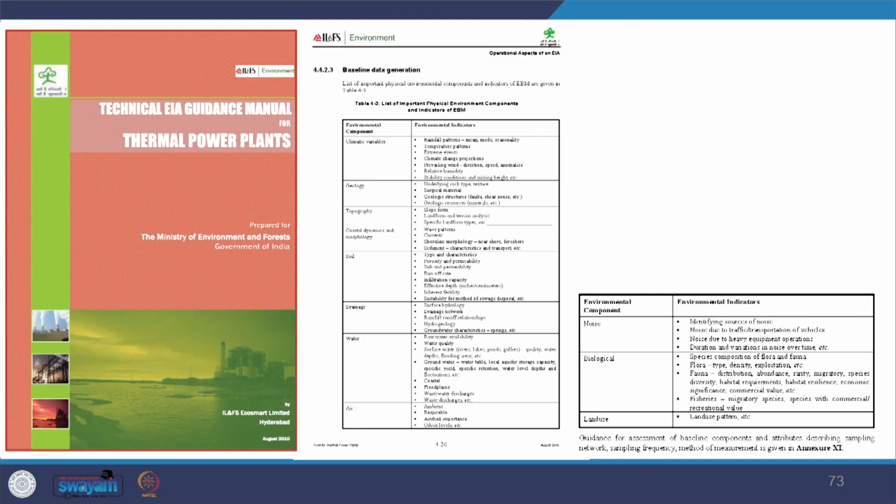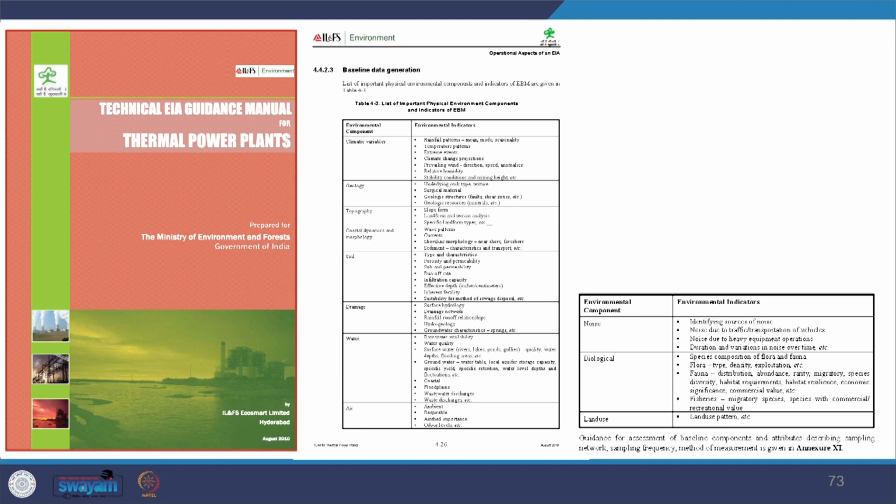Likewise, you can see from the technical EIA guidance manual, I have just picked up thermal power plant. Manuals are there for most of the sectors. From that you can also refer to what kind of baseline data generation is required. On the right hand side you can look at the biological component, what kind of environmental indicators will be required in the Indian context as well.